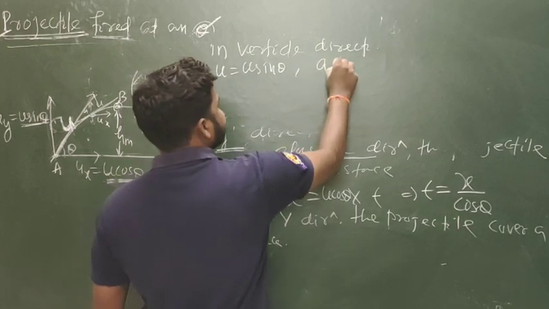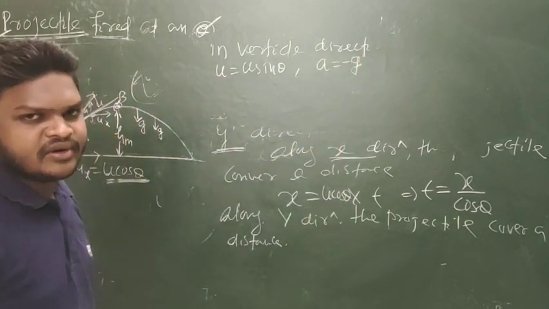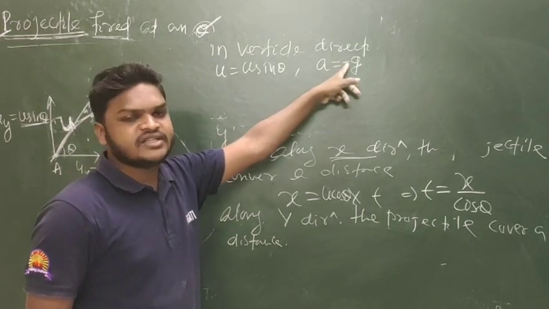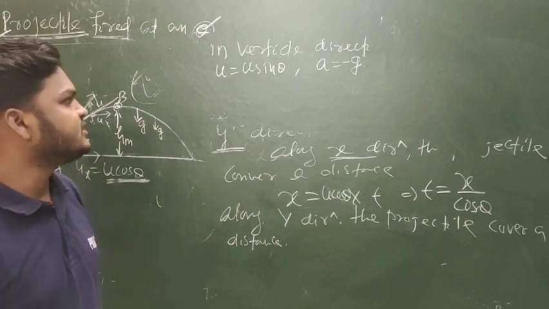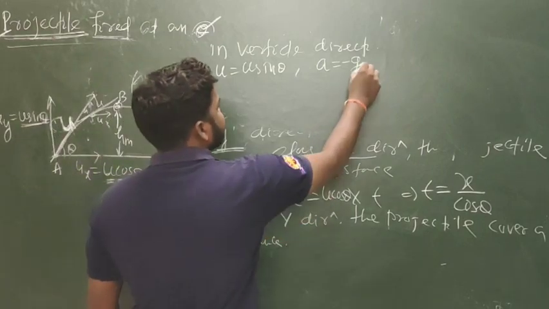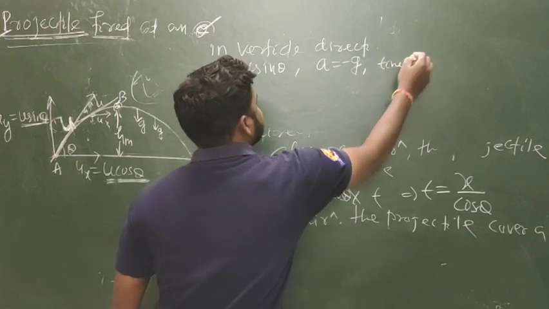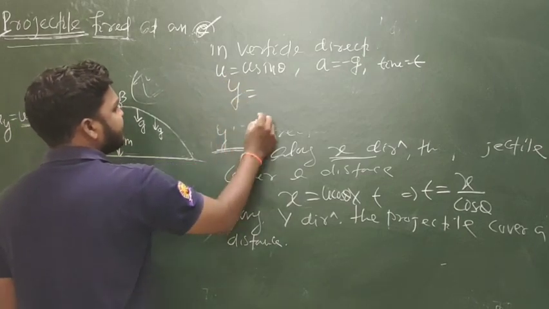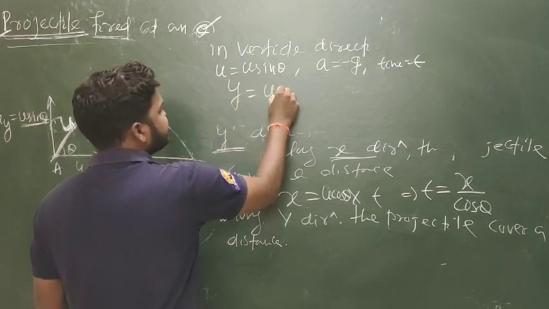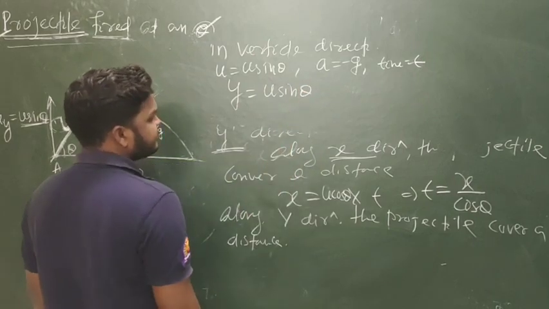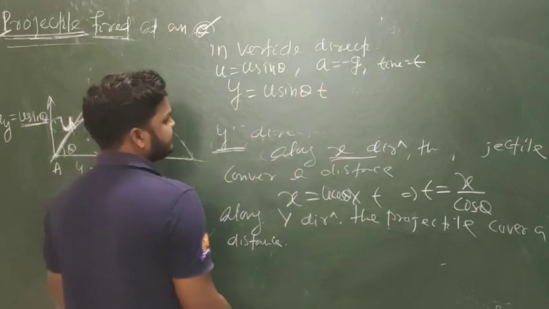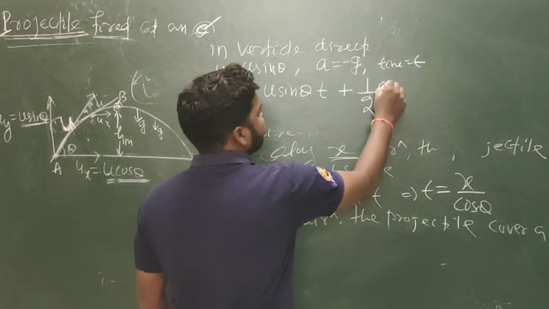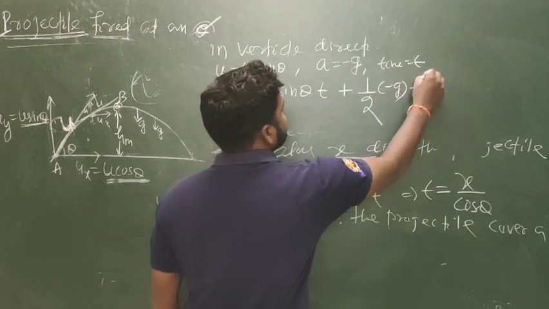Then in the vertical direction, acceleration is minus g. I have already said that gravity is always in the downward direction, so as per sign convention it is always minus g in projectile motion. Suppose time is t. Then the vertical distance y is equal to ut plus half at square. Instead of u we write u sin theta, and instead of a we write minus g, so y is u sin theta t minus half g t square.